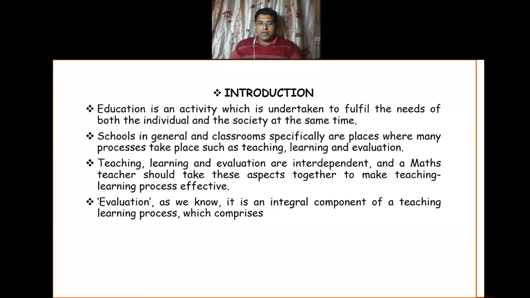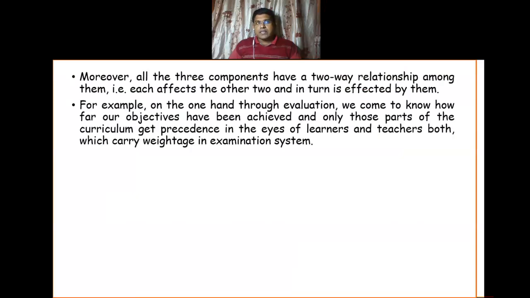So, what is evaluation? Evaluation, as we know, is an integral component of the teaching learning process, which comprises objectives, curriculum, and evaluation. These are the three main categories in evaluation. When we discuss children, we have to know what objectives we have to take, meaning what we have to complete and fulfill after the completion of a class, what the curriculum or content is, how it will be done, and how we can evaluate.